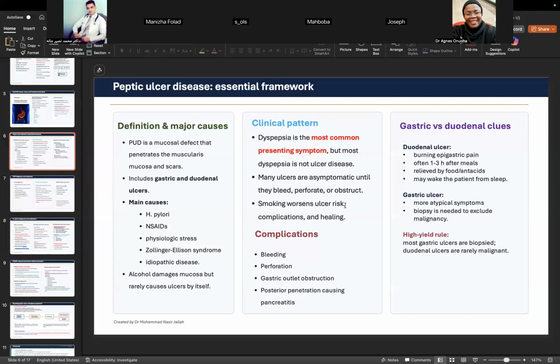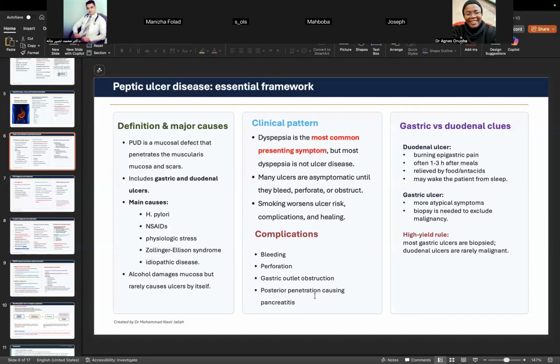These are supposed to be brought up during the consultation. Smoking worsens ulcer risk, complications, and healing. Complications: bleeding, perforation, gastric outlet obstruction, and posterior penetration causing pancreatitis. Remember this: if the patient with PUD has epigastric pain that radiates to the back, it means pancreatitis is also present.